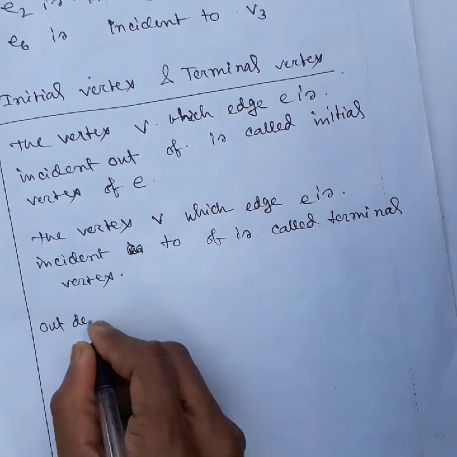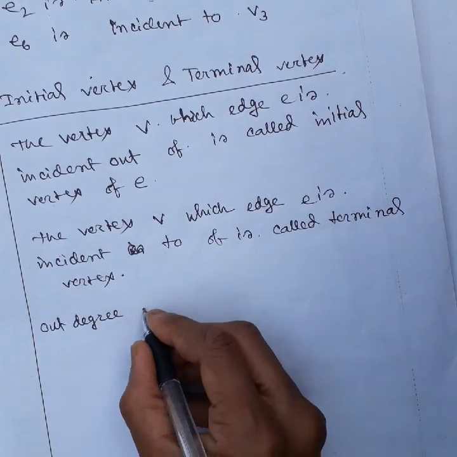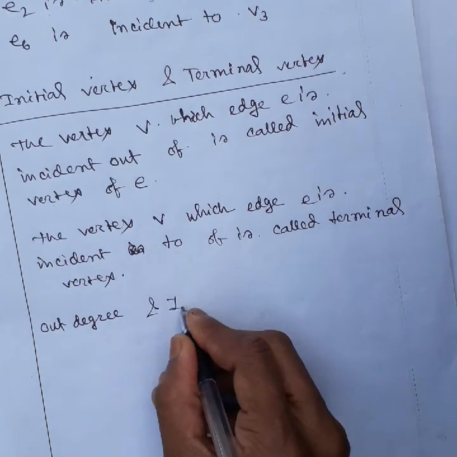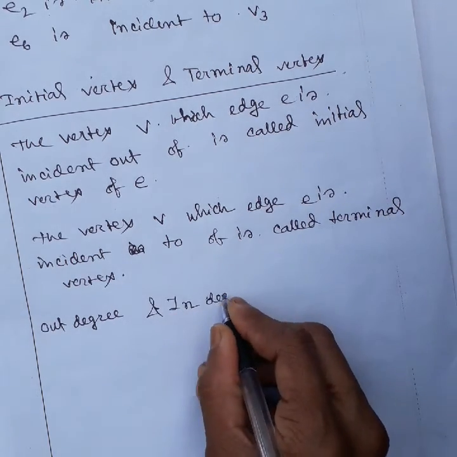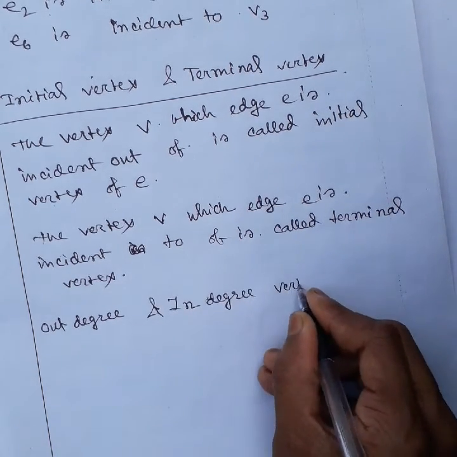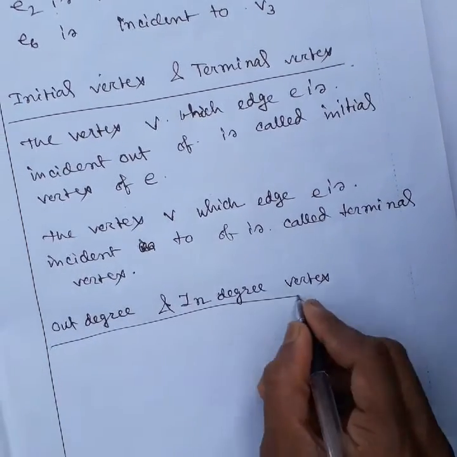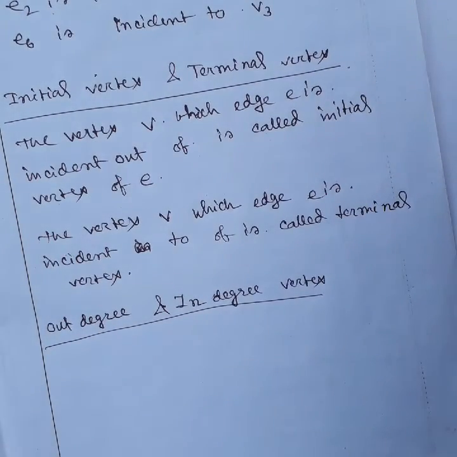Next, out degree and in degree of a vertex. What is the out degree and what is the in degree of a vertex?